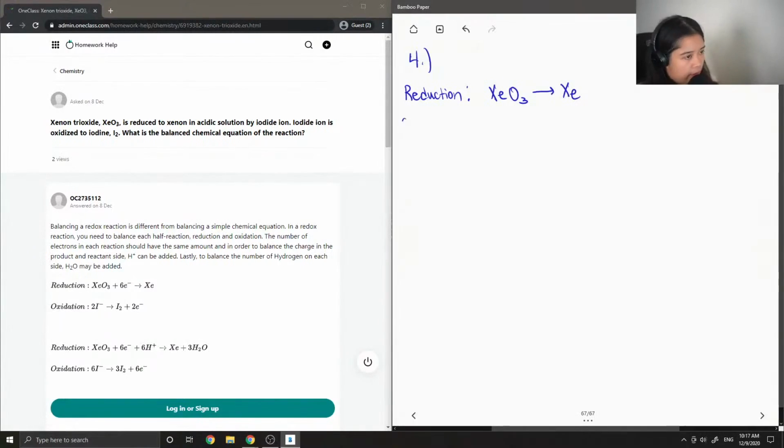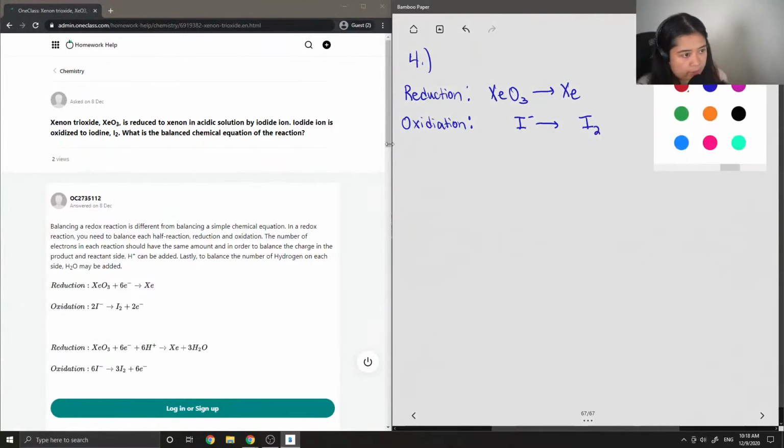And then for our oxidation reaction, we have the iodide ion, which is I-, that gets reduced to iodine. Okay, so now I have written down everything that we are given.